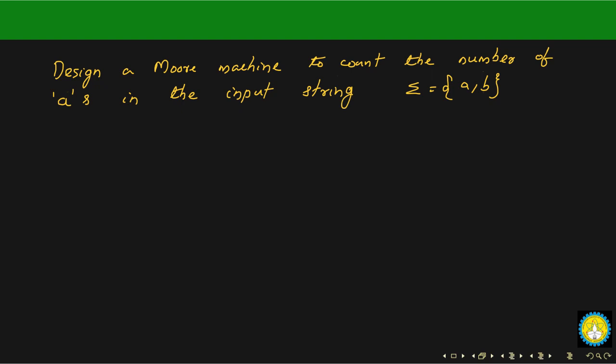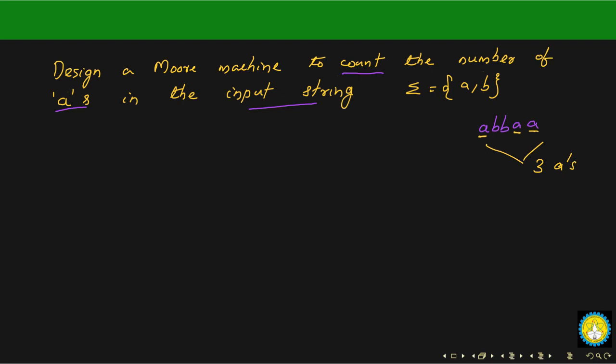In this question, we are asked to design a Moore machine which will count the number of A's in the input string, where the alphabet set is A, B. If the input string is A, B, B, A, then our Moore machine should be able to count the number of A's. Now in this string there are 3 A's.